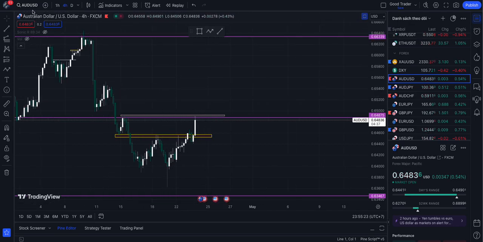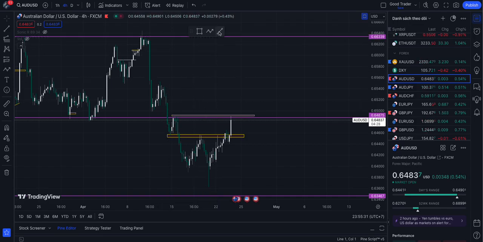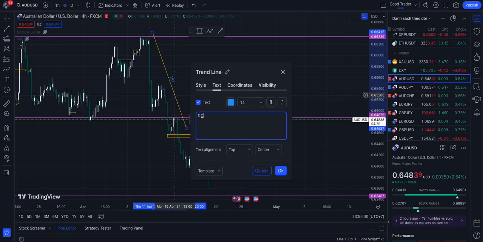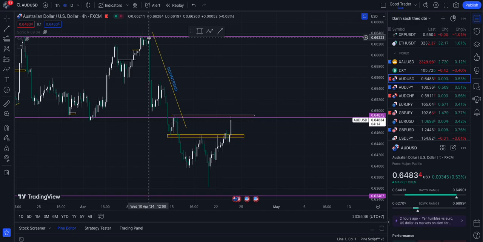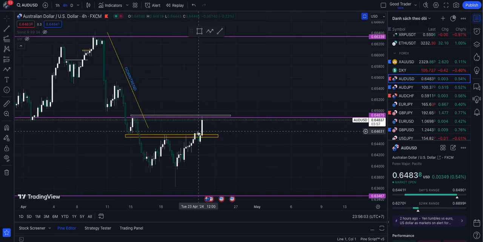For this particular pair, I can see there's a clear pattern because we have a downtrend structure, the highs are getting lower, and the news has impacted the price because it breaks the previous high, but it doesn't confirm a new direction.